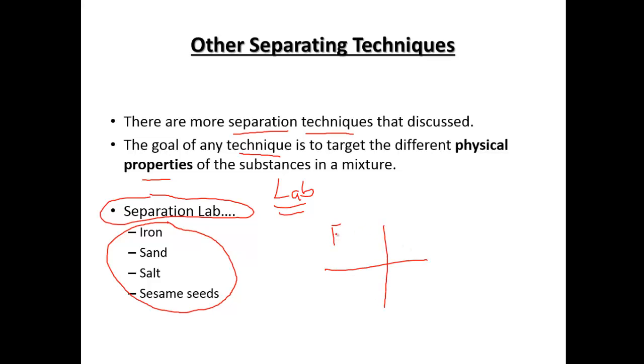You could have your iron in one pile, your sand in another pile, your salt in another pile, and then the sesame seeds in a final pile. So we're going to look at how you could mix these and how they could be separated out into four separate piles. Your goal is going to be to come up with and actually complete a separation technique in lab using your physical properties.